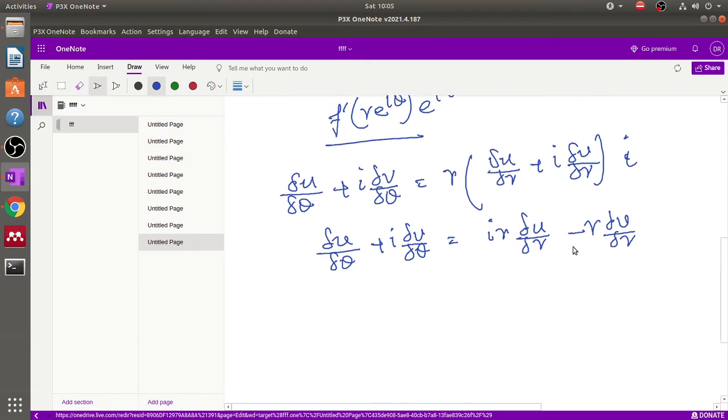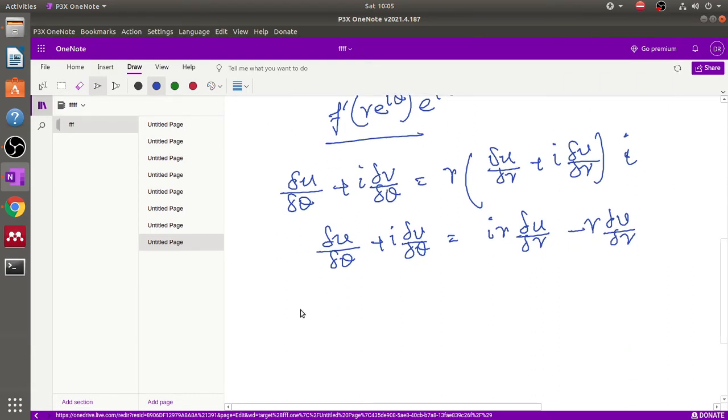Okay, so now taking real and imaginary parts, equating these real and imaginary parts, we get del v by del theta equals minus r del u by del r, and del u by del theta equals r del v by del r.